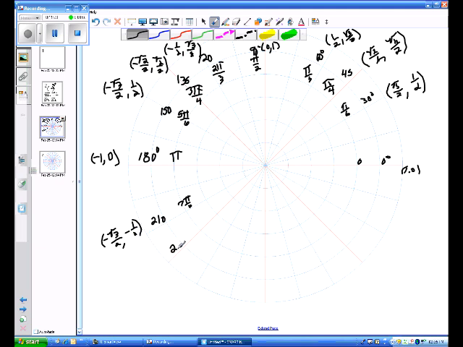For 225, which is 5 pi over 4, we would have negative square root of 2 over 2, negative square root of 2 over 2. And then 240, which would be 4 pi over 3.